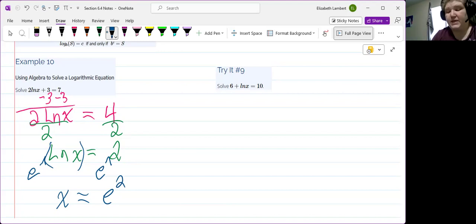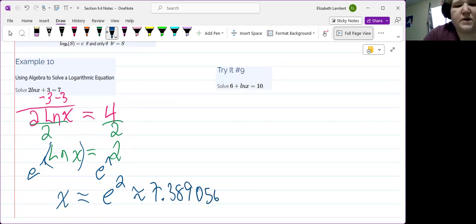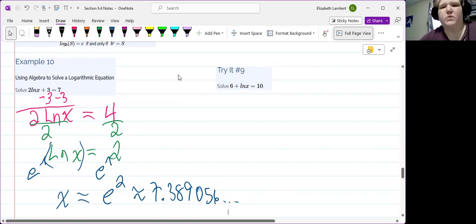So e to the 2 is 7.38905, blah, blah, blah. If WebWork gave you that, it should take e squared, though. e squared would be the more precise answer.